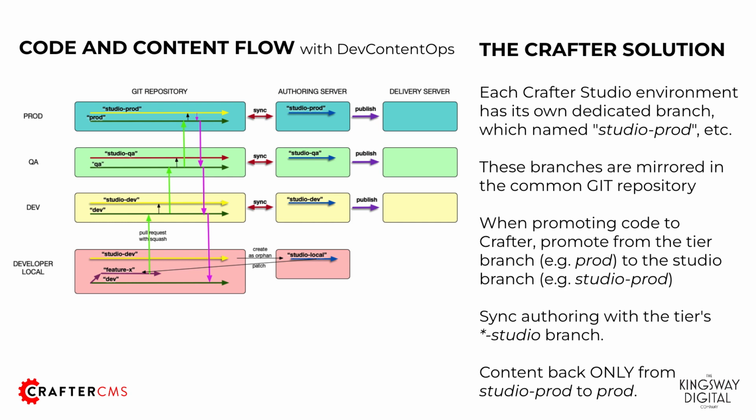Let's see, another question here, and this maybe goes right to what we were just talking about with the diagrams: how do you ensure that lower environments are always in sync with upper environments if content is always pushed to production first?